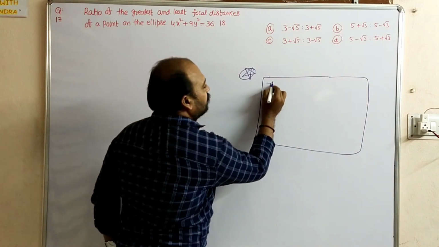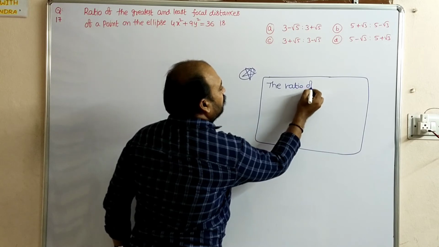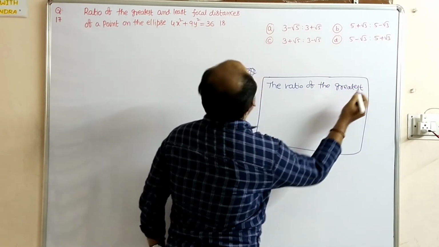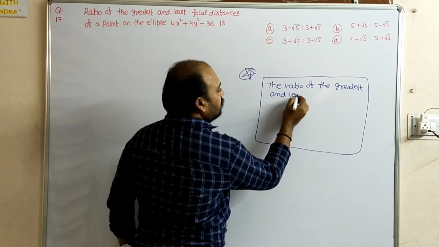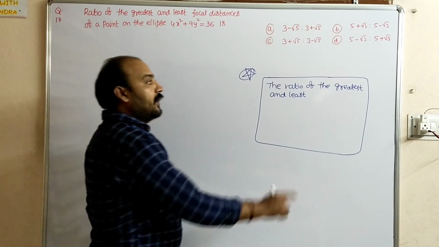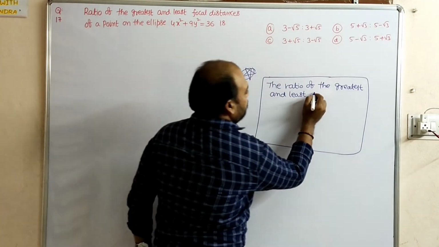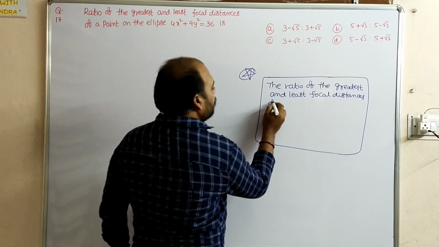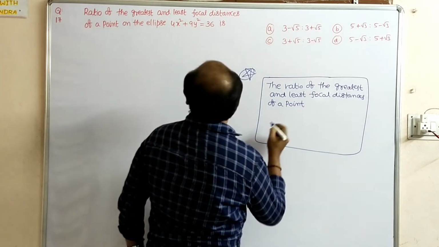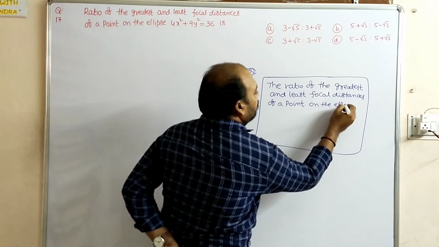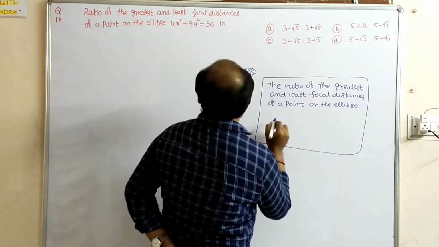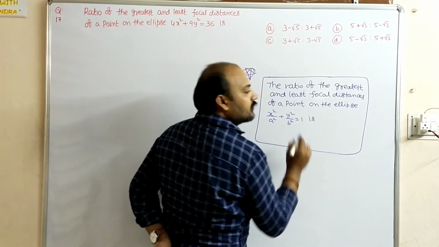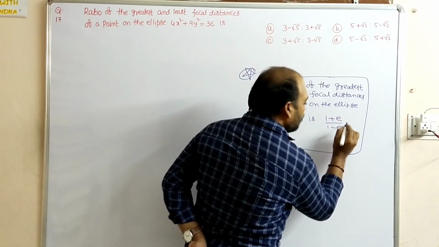The ratio of the greatest and least focal distances of a point on the ellipse x square by a square plus y square by b square equal to 1 is 1 plus e divided by 1 minus e.